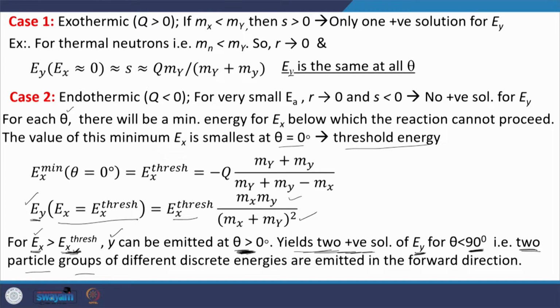What does it mean? At theta equal to 0, the minimum energy with which the projectile can initiate a nuclear reaction is the threshold energy. If you go beyond threshold energy values, then up to 90 degrees there will be two sets of energies for the particles.